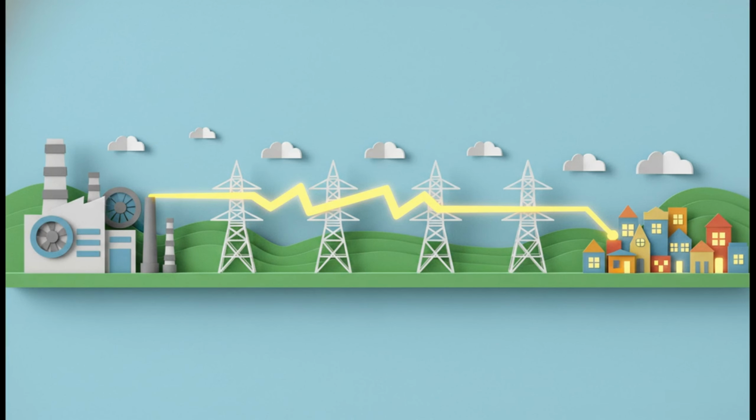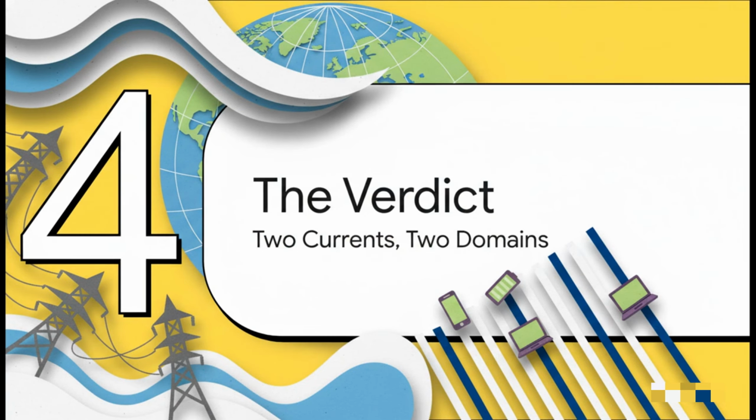So you can see why the choice was so clear, right? AC, with its ability to be transformed, solved the massive problem of long-distance transmission. It was efficient, it was economical, it just worked. DC, for all its simplicity, just couldn't compete on that front. It was game over. But wait, this doesn't mean DC just vanished into thin air. Not at all.